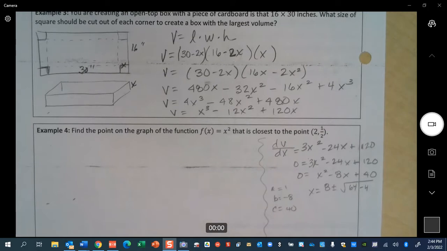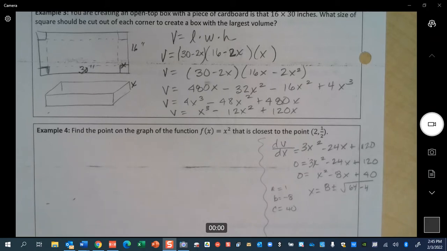My volume is length times width times height. 30 minus 2x, 16 minus 2x times x is length times width times height. 16 times 30, 480.